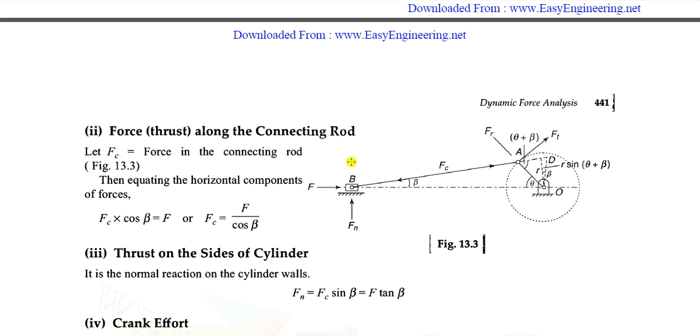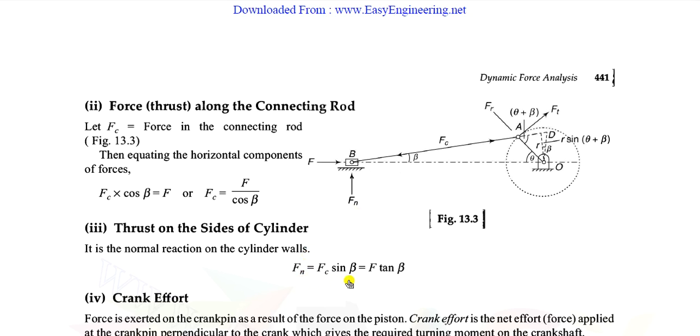Doing the static force equilibrium equation in the y direction, we get Fn equal to Fc sin beta. I know that Fc is equal to F by cos beta, so sin beta by cos beta becomes tan beta. So Fn in terms of F is F into tan beta.